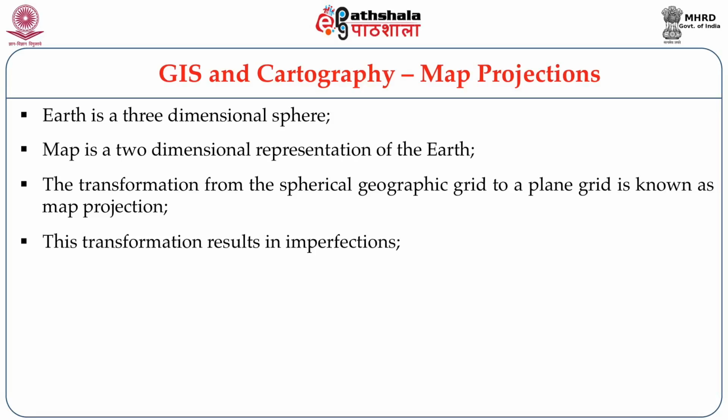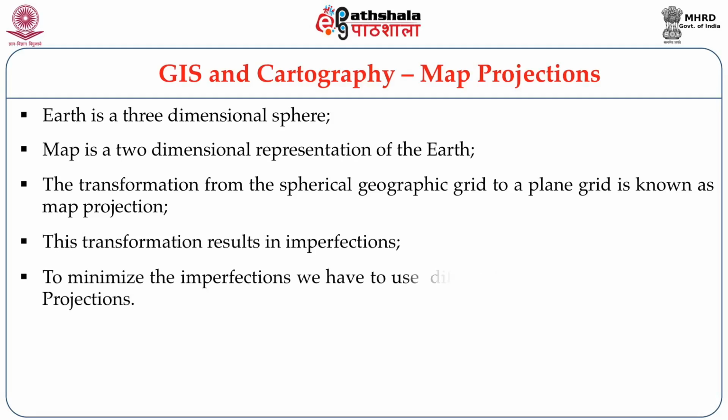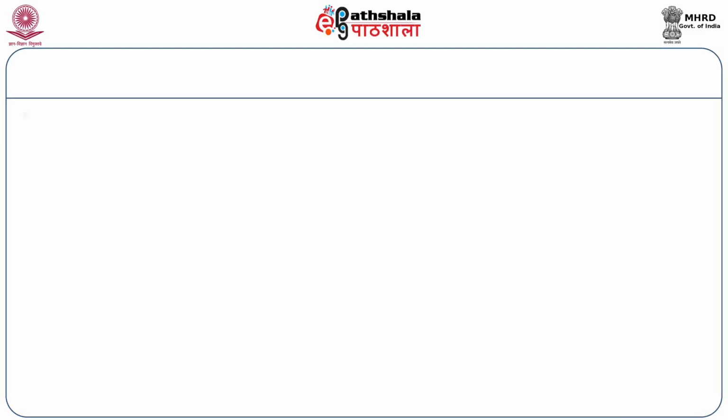This transformation naturally results in some imperfections. To minimize the imperfections, we have to use different kinds of mathematical formulas or projections. The different mathematical formulas that are used in transforming the spherical surface into a flat surface are known as map projection, which is also known as the CRS, that is, Coordinate Reference System.